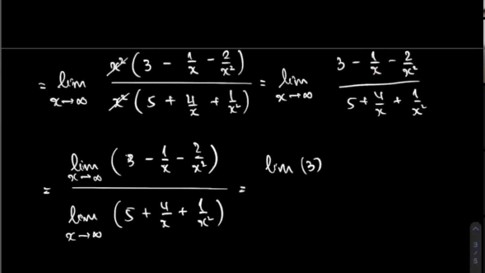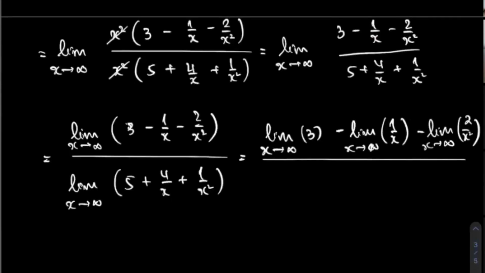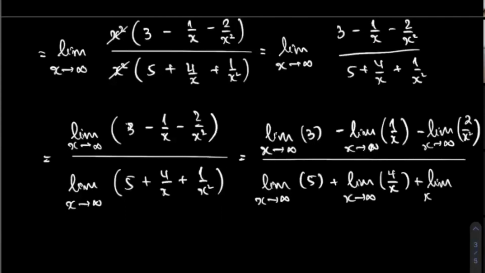That is the limit of 3 as x goes to infinity, minus the limit of 1 over x as x goes to infinity, minus the limit of 2 over x squared, altogether divided by the limit as x goes to infinity of 5 plus the limit of 4 over x plus the limit as x goes to infinity of 1 over x squared.